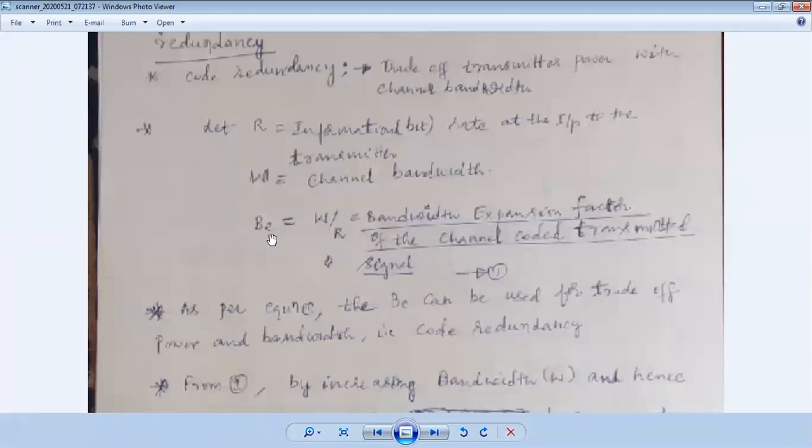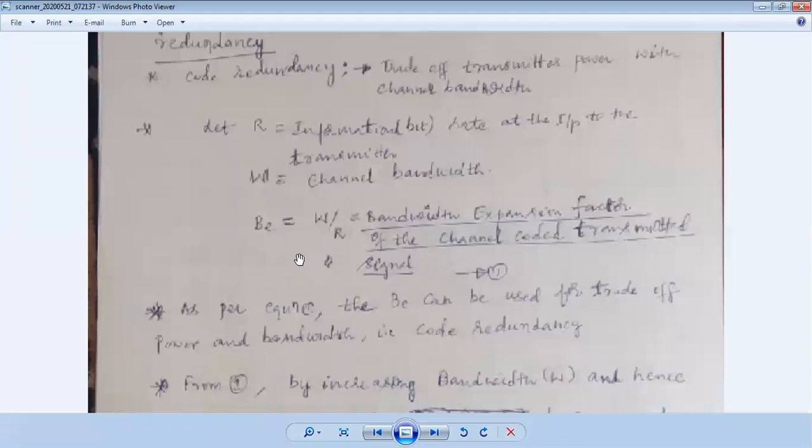Generally you want to reduce the transmitted power as much as possible. So we increase the width of the signal passing through the channel, which has bandwidth W. That means the transmitted signal bandwidth should be equal to the bandwidth of the channel. Then R will be less as per this equation, and the bandwidth expansion is high.